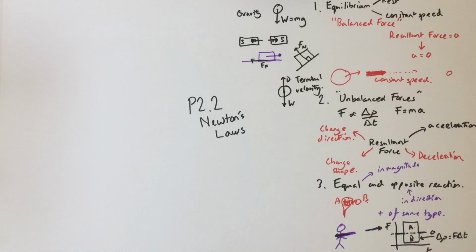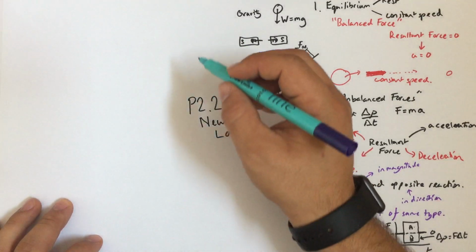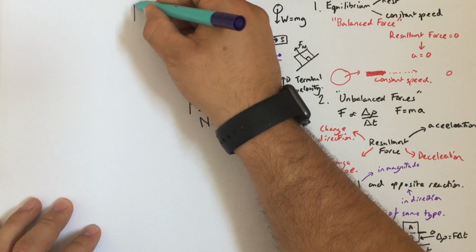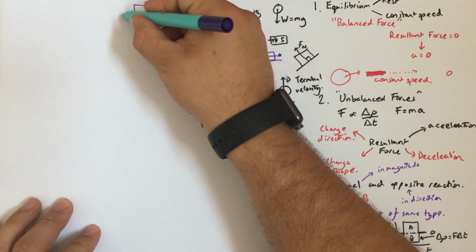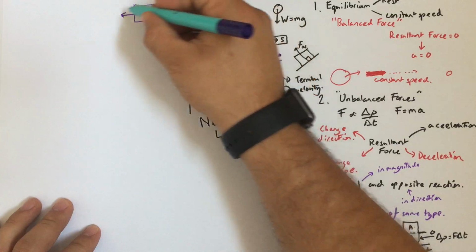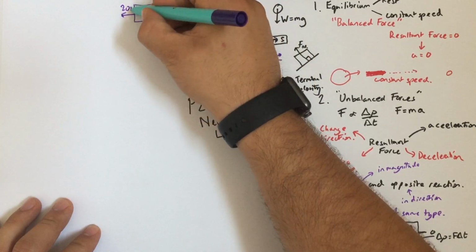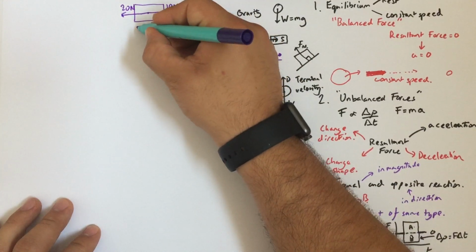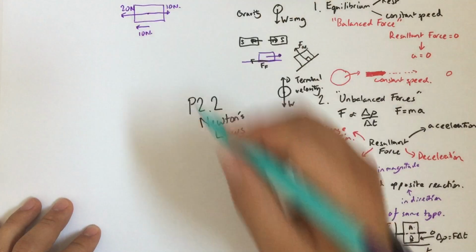So what we can do is, because forces are vectors, the direction matters. So for example, if I've got a force on a box and I've got 20 newtons that way, obviously newton being the unit of force, and 10 newtons that way, my resultant force is going to be 10 newtons in that direction.